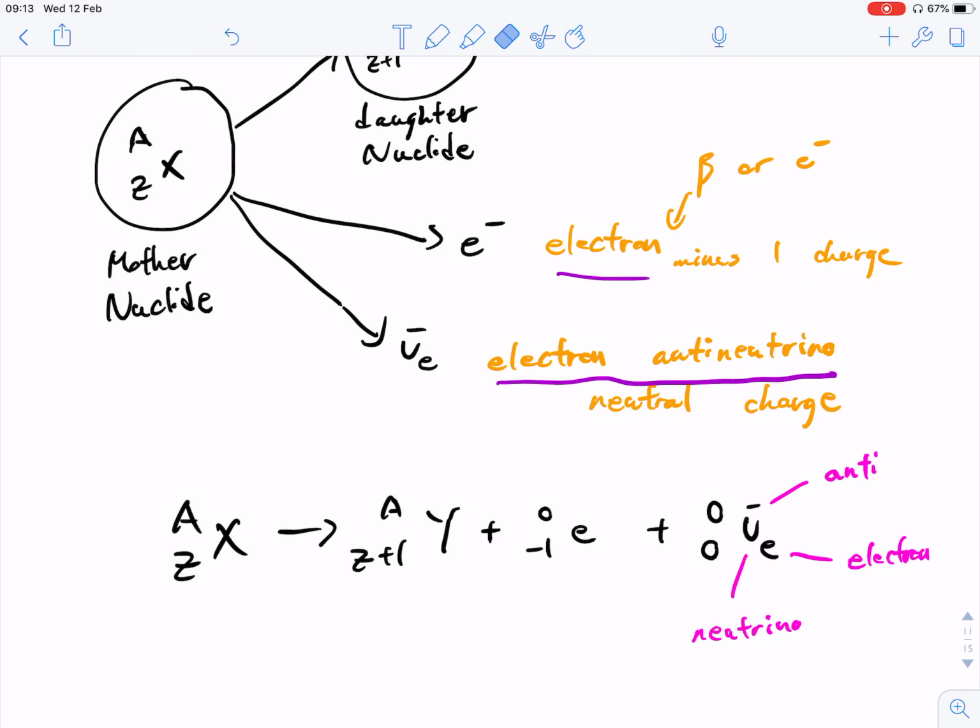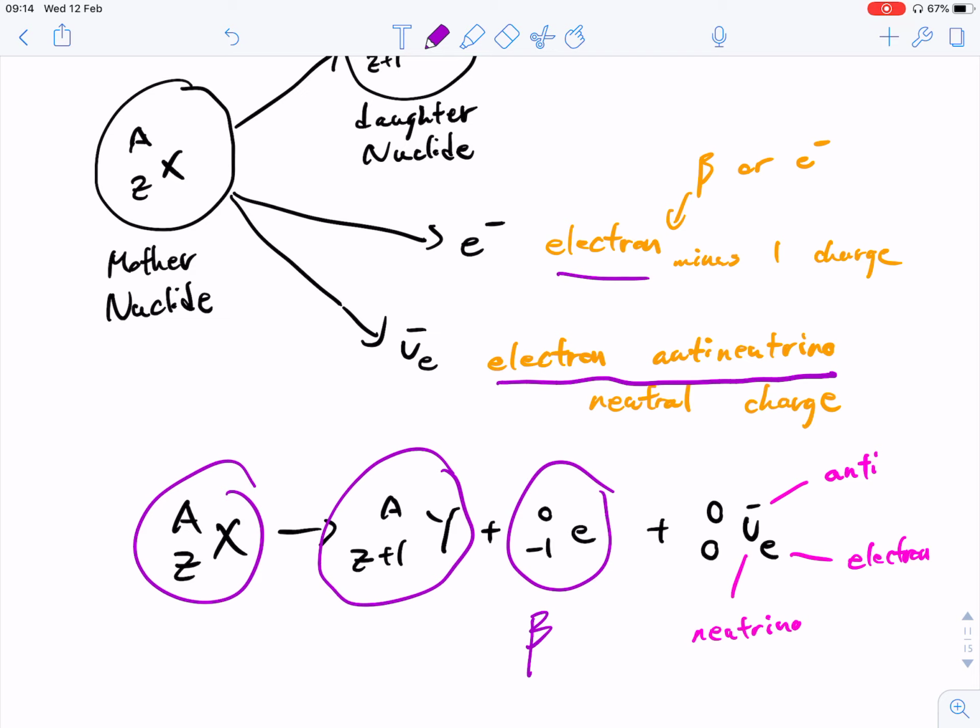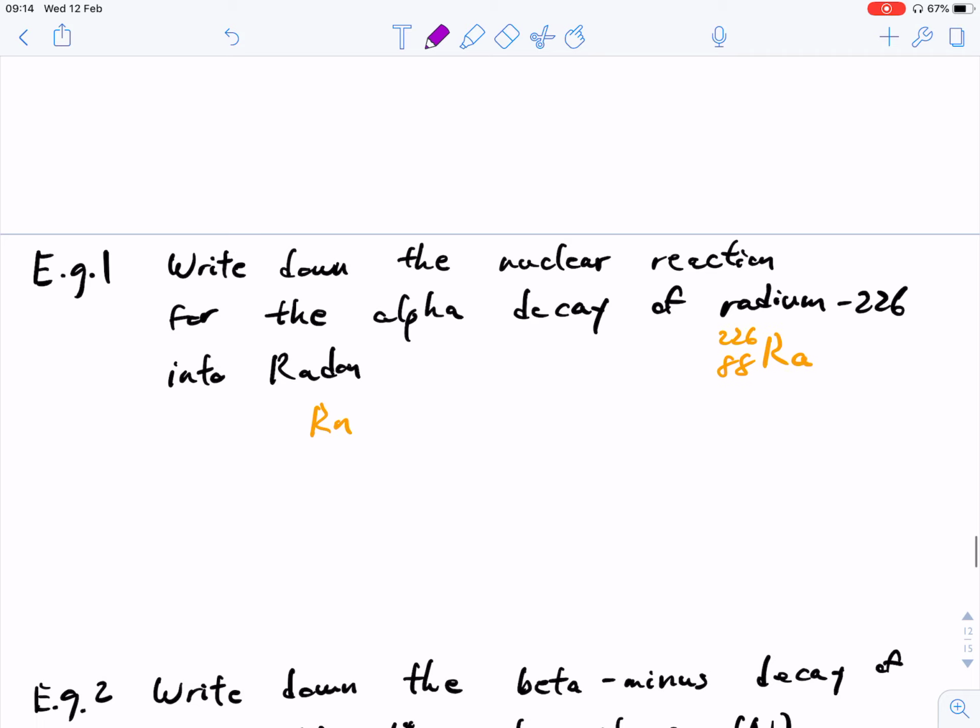Usually we focus on the electron, which is our beta particle, but do be aware that there is also an electron antineutrino with that as well. And what also happens is that the element itself changes, because it's losing a negative charge, it actually gains a positive charge. And we'll see this a little bit later in our questions down here.